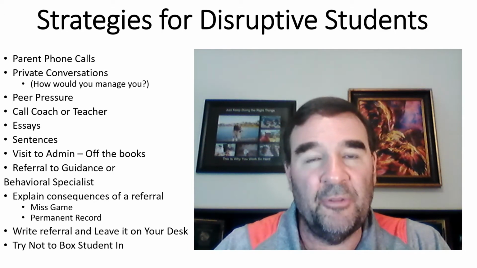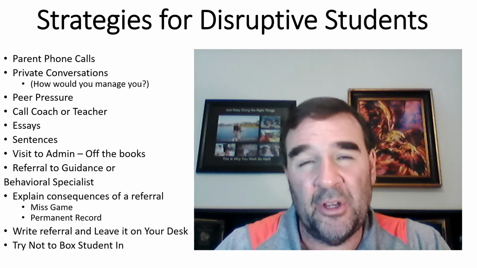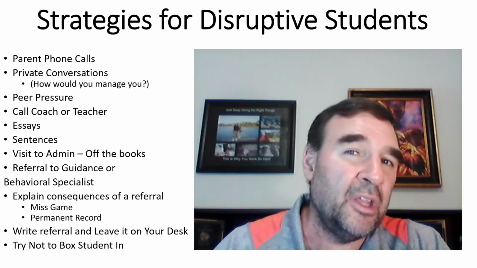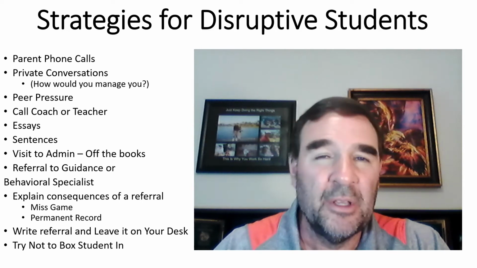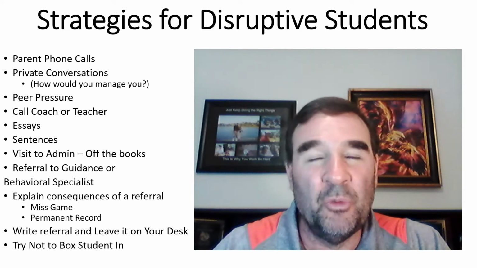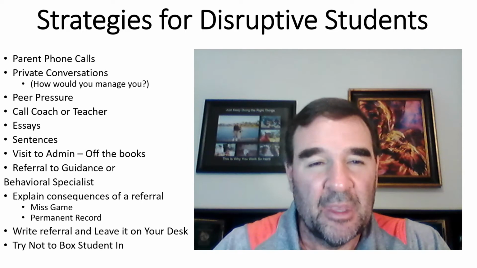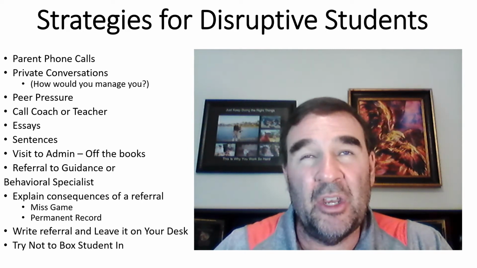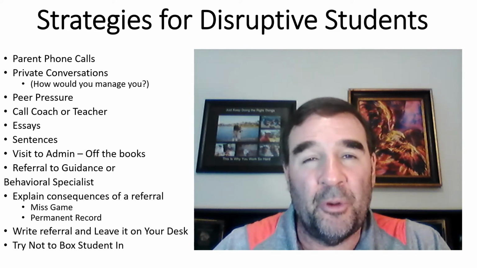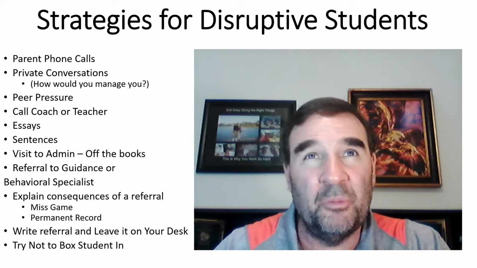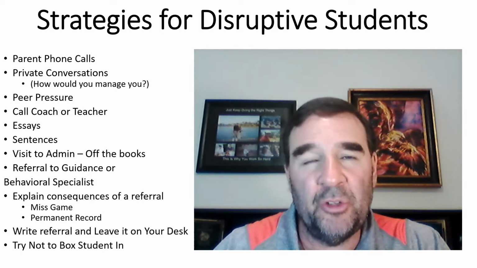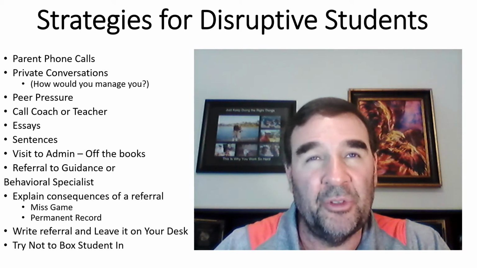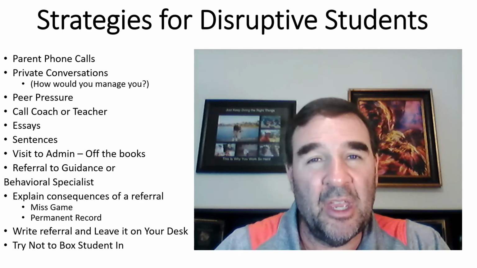So sentences, again, if they do something slightly annoying, I figure the sentences just basically are slightly annoying back. Try to keep the rules of engagement in place. If I know a student is on the edge of getting a referral, this person is out of control and been aggravating the class, I will call administration or stop by their office in the morning and say, you might be receiving this student.